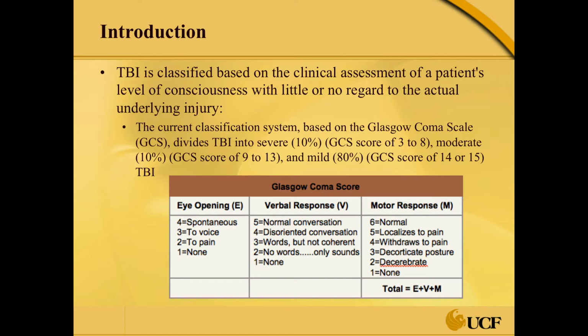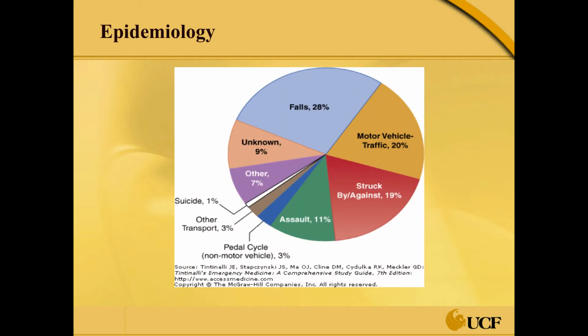We use a classification system based on the GCS, dividing traumatic brain injury into severe, which is a GCS of 3 to 8, moderate if it's 9 to 13, and mild if it is 14 or 15. That's how we look at the GCS and its predictive value on traumatic brain injury and classification.